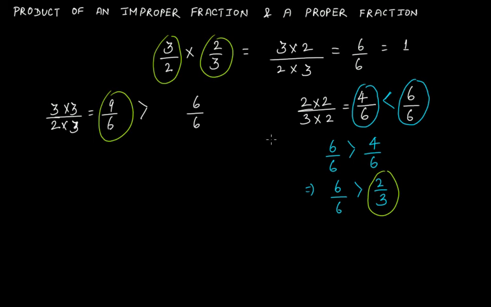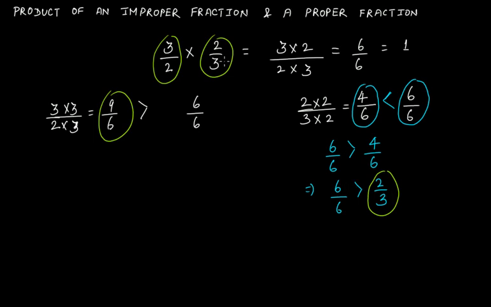That is, your product in case of multiplication of an improper fraction with a proper fraction, the final fraction that you will get will be less than the improper fraction. The outcome of multiplication of these two fractions will be smaller, less than the improper fraction, but will be greater than the proper fraction, as you can see here. 6 by 6 is greater than 2 by 3.